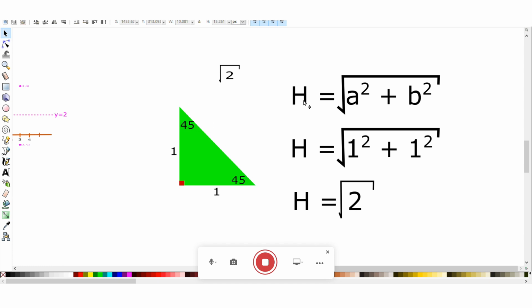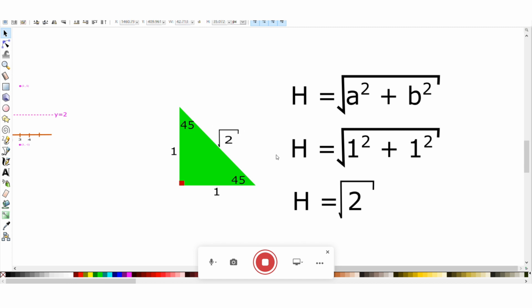To find the hypotenuse of a right angle triangle, you see the two sides? I'm just going to call here A and here B, the two regular sides. The hypotenuse is the square root of A squared plus B squared. So it's 1 squared plus 1 squared. 1 squared is 1, 1 squared is 1. So you get 1 plus 1, which is 2, and you end up with the square root of 2. So the hypotenuse is actually the square root of 2.